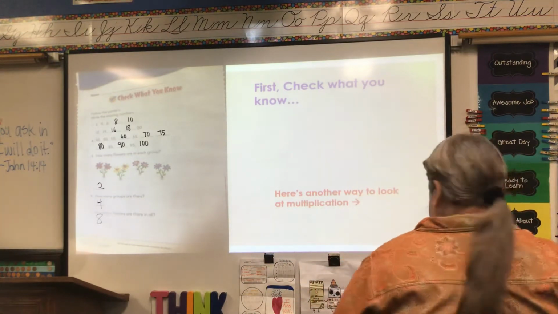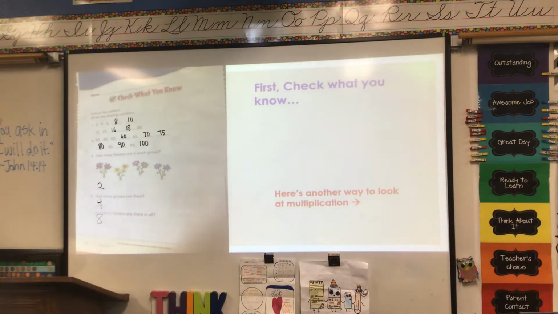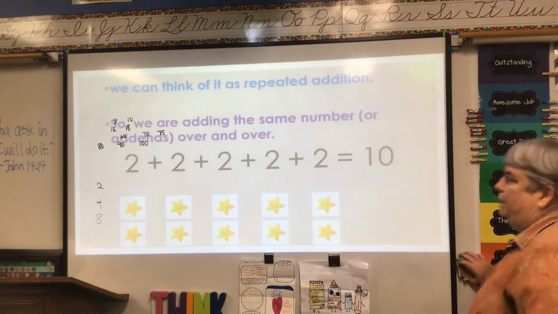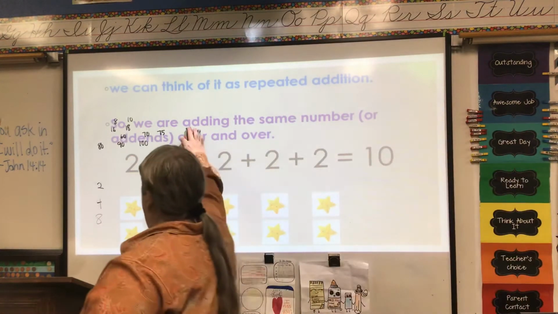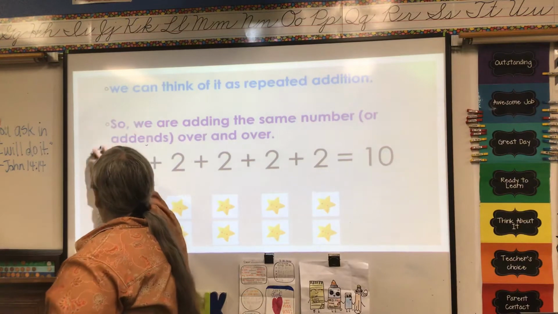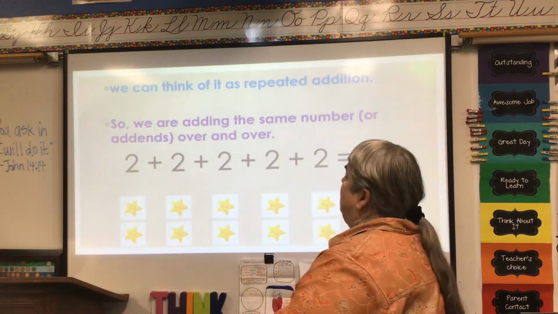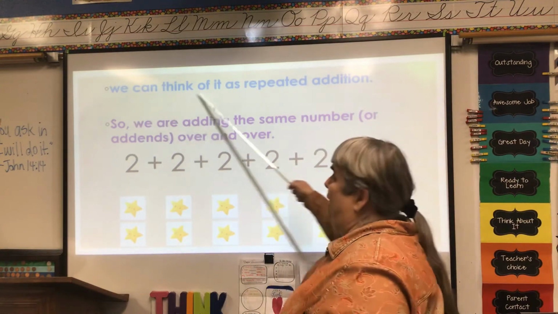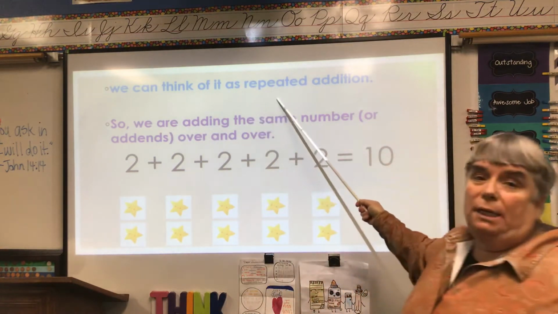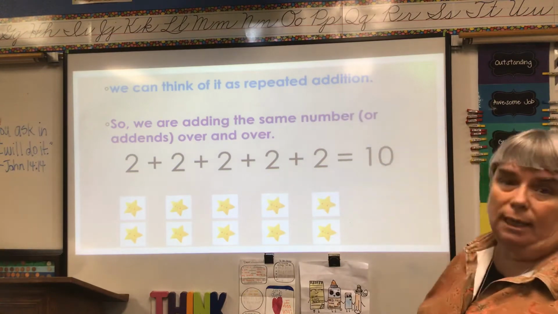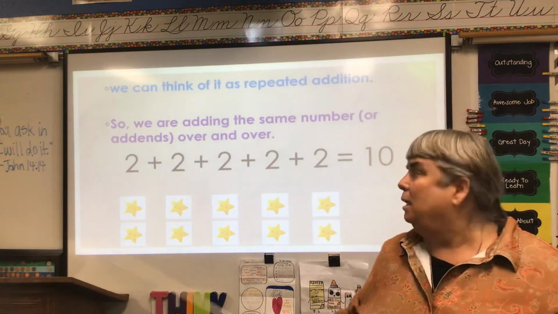Okay? So here's another way to look at multiplication, right here on the next slide. So I'm going to erase so you can see it a little better. There we go. We can think of multiplication as repeated addition. That's handy because we all know how to add.